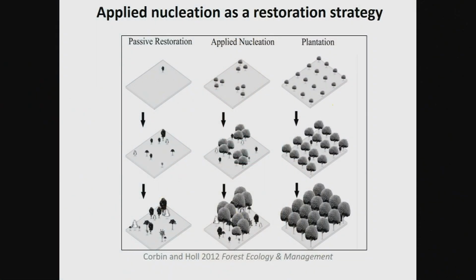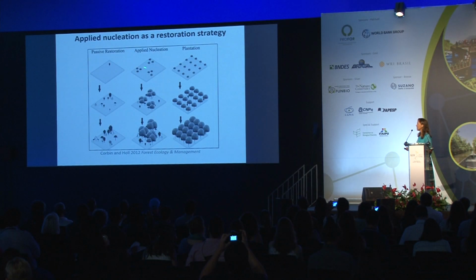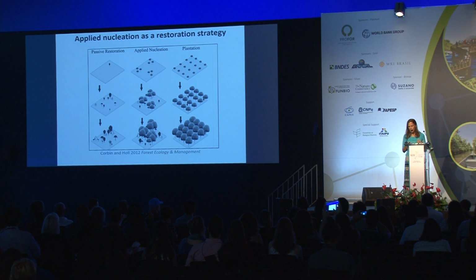So that got us thinking, well, maybe a good way to do restoration that's both ecologically and economically sound, if passive restoration is slow, and we know that plantations are homogeneous and costly, is that we would plant islands or nuclei of trees that facilitate recovery but provide more heterogeneity.